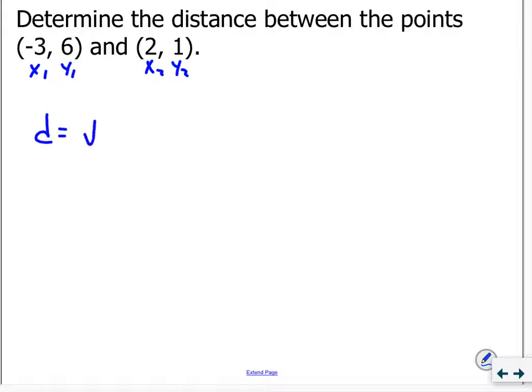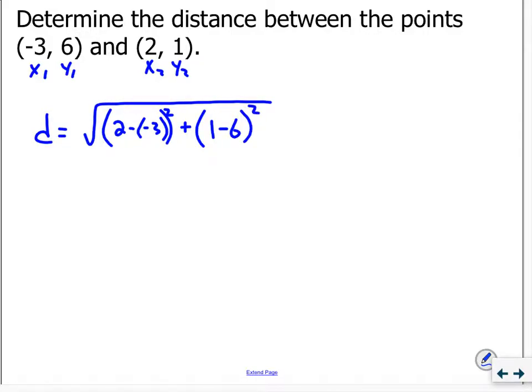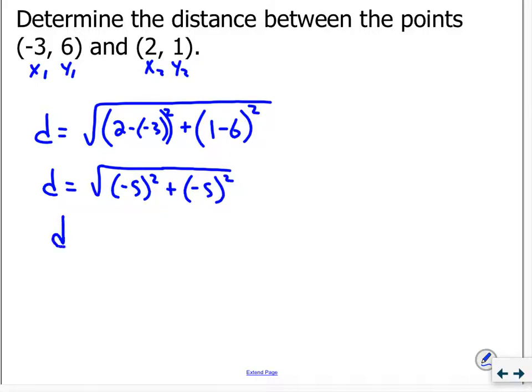So my distance then, here's my square root, the difference of the x's, 2 minus -3, difference of the y's. So when I do these out, let's see what we get. We're going to get the square root of, this is the square of -5, another square of -5. -5 squared is 25. So this gives me the square root of 25. Holy square roots.